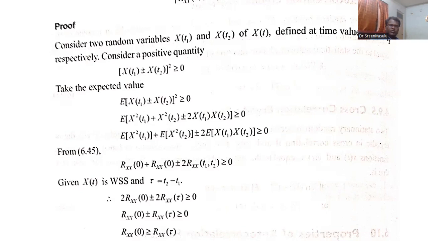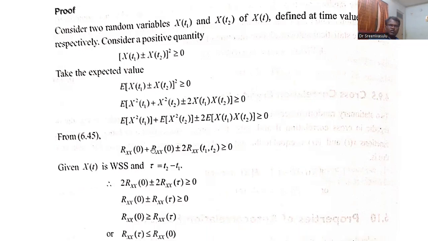Now, if you apply the expectation to this, expected value of x square of t1, plus x square of t2, plus or minus 2 into x of t1 into x of t2, is greater than or equal to 0.